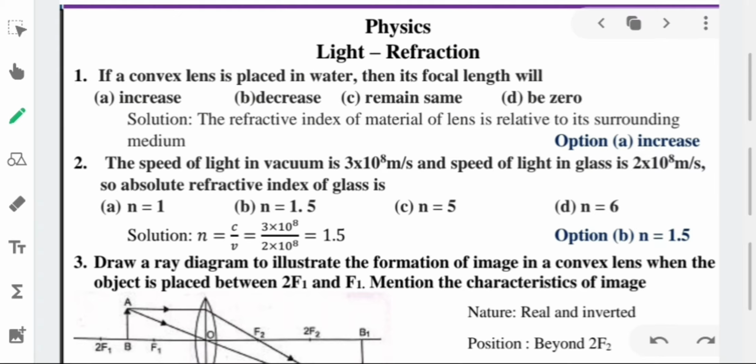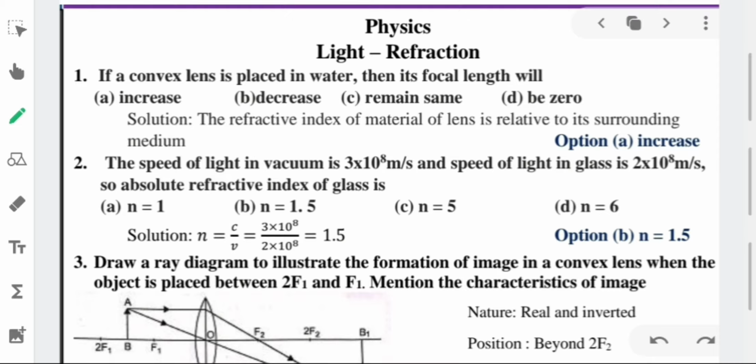We'll move to the second one. The speed of light in vacuum is 3 into 10 to the power of 8 meter per second, and the speed of light in glass is 2 into 10 to the power of 8 meter per second. So the absolute refractive index of glass is, students, we know that n equals c by v.